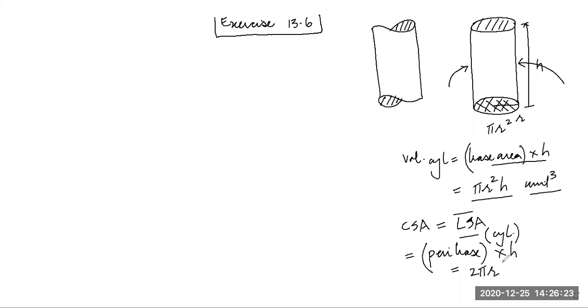It's a length. 2 pi r h is the curved surface area or lateral surface area, whether it is a solid cylinder or a hollow cylinder. I'm talking about the outside curved surface area, right? So it's 2 pi r h.